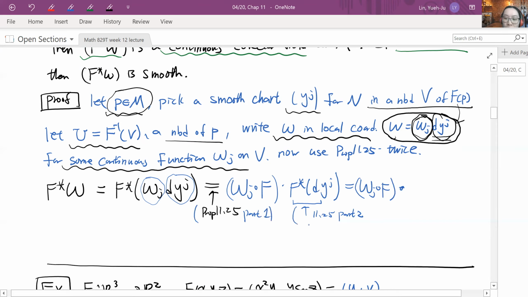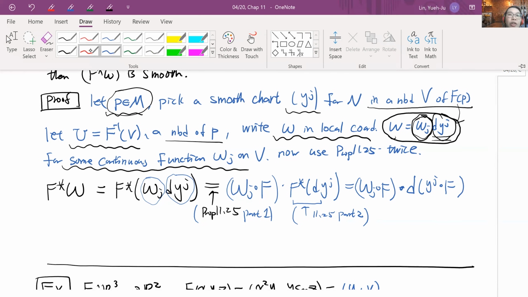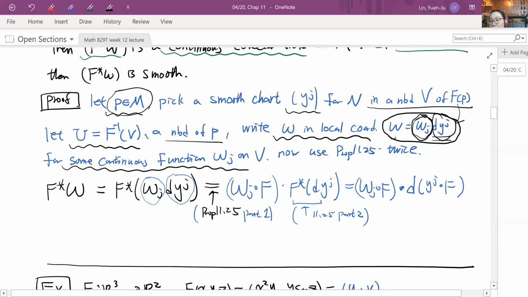Now you can see that this is really the differential of yj composed with f. But if you think about what yj composed with f is, f is a map from M to N, and yj is the coordinate function. That means you are actually taking the differential of the j-th component function of f.